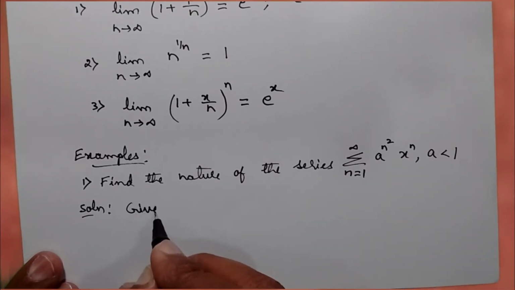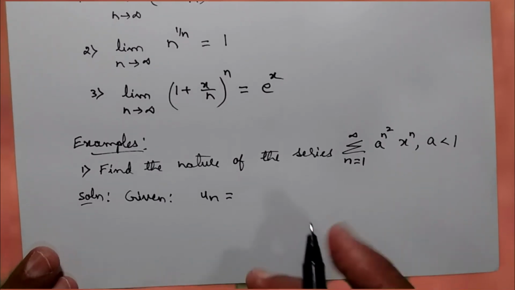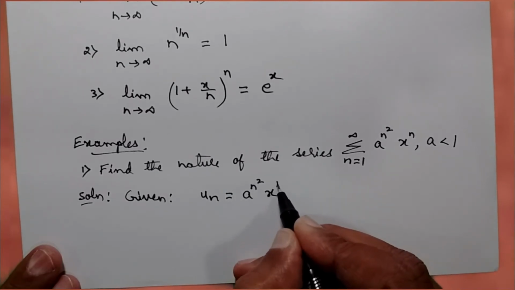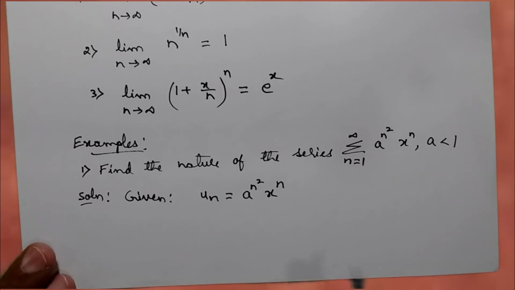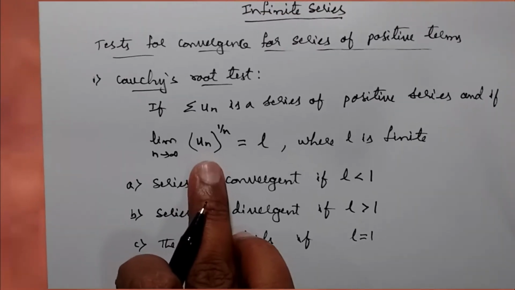So what is given to us? The value of un is a to the power of n square into x to the power of n. But to apply Cauchy's root test, we need un to the power of 1 by n.